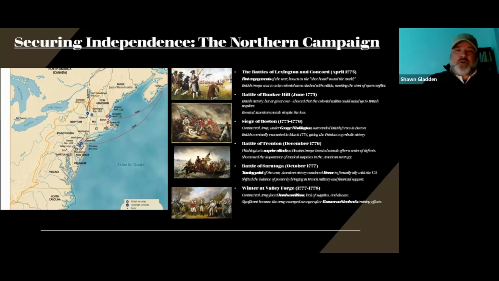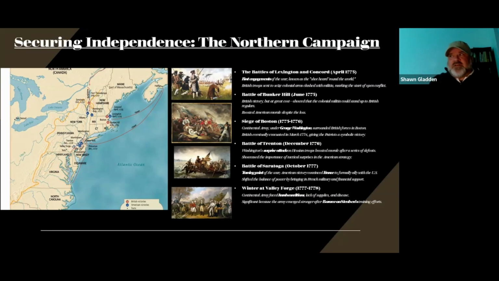British troops, under orders to seize colonial arms, clashed with militiamen in Massachusetts. Though the British managed to destroy some supplies, the colonists inflicted significant casualties in harassing attacks along the British retreat to Boston. The engagement marked the start of open conflict between Britain and its colonies, igniting the Civil War. So this is a shot heard around the world, and this is the beginning of the Revolutionary War.